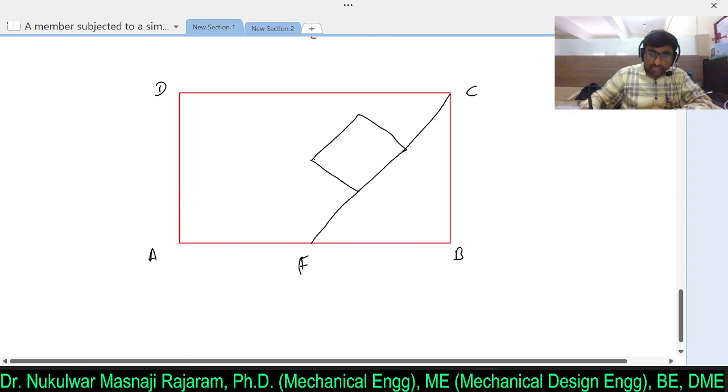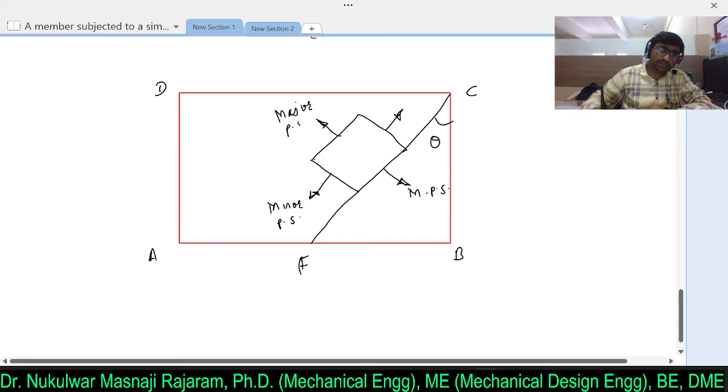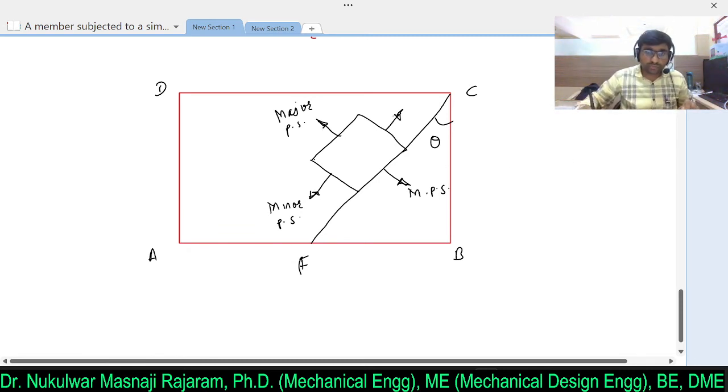So the major principal stress will act at this angle theta, the location of the major principal stress is over here. The minor principal stress will act on this plane. So this will be the minor principal stress and this will be the major principal stress, and the location will be at theta, and the location of this particular minor stress will be theta plus 90 degrees.